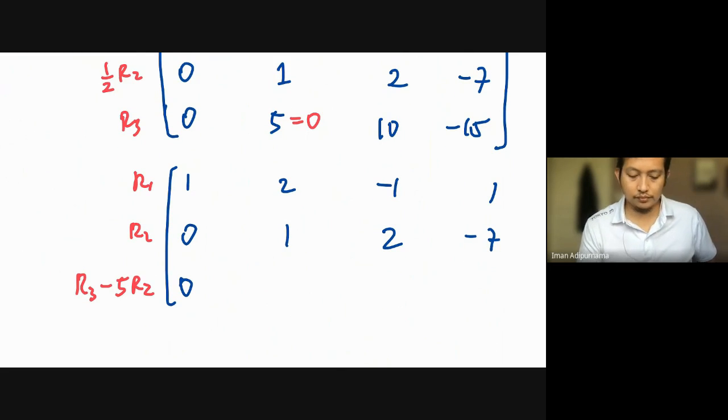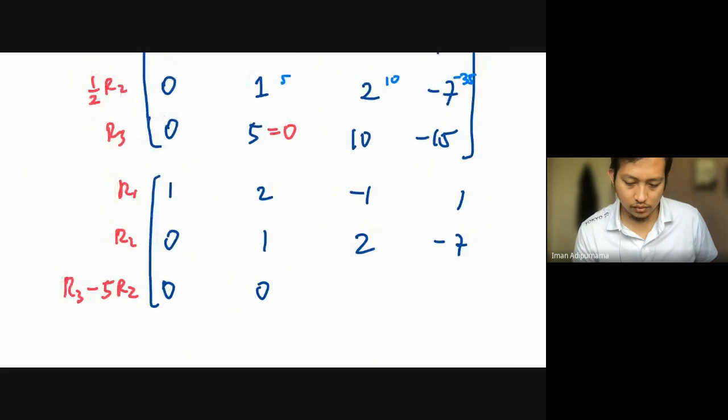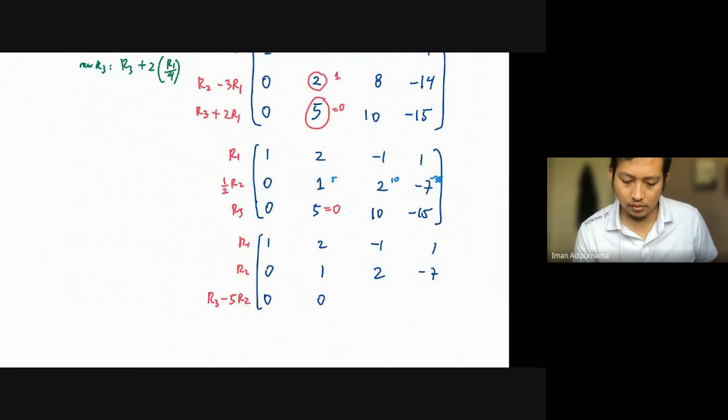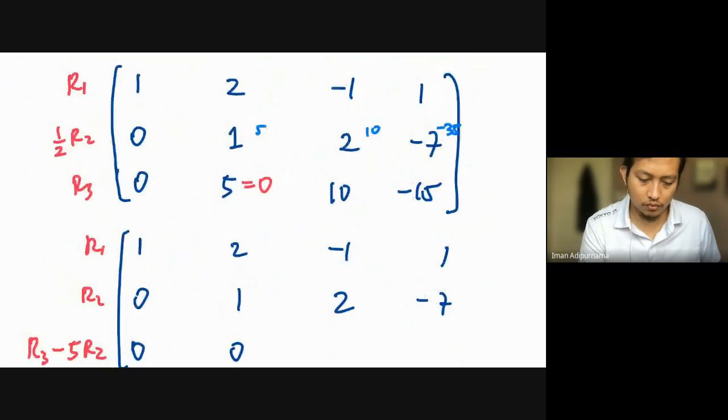So 0, 5. Let me check this. So this is multiplied by 5. Then 5 is 35, negative 35. Okay. So 0, 5 minus 5 is 0. 10, oh, this is wrong. Sorry.